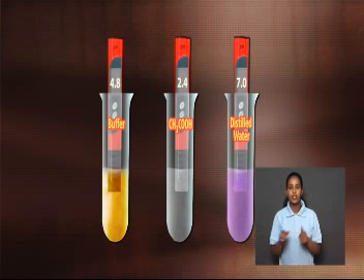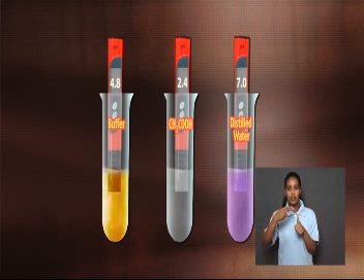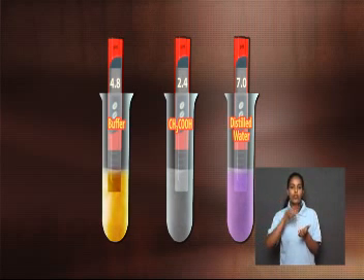The initial pH of the buffered solution is 4.8. The initial pH of acetic acid is about 2.4, and the initial pH of distilled water, assuming it is pure, is about 7.